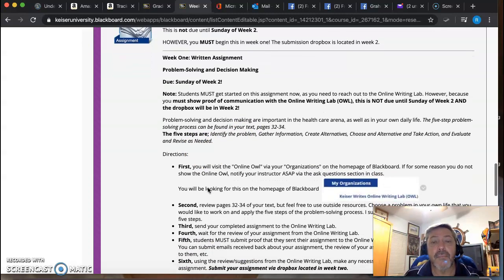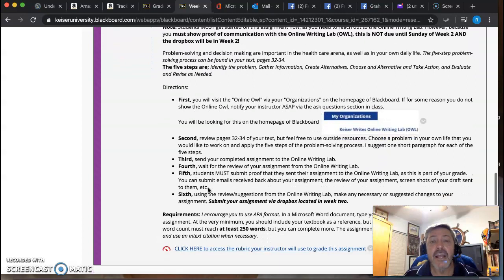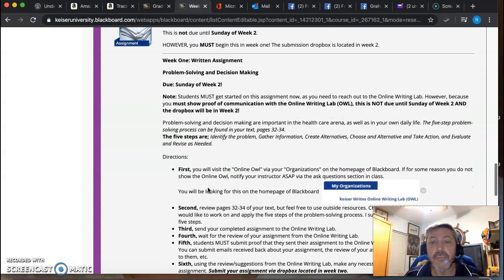So the 5-step problem-solving process is, first, you need to identify the problem. And oftentimes what we think is the problem are often symptoms. Then you need to gather information on that problem. So you need to go out and find writing on that material or a social group or whatever it might be to gather as much information as you can. Then you create your alternatives for solving the problem based off that information that you gathered.